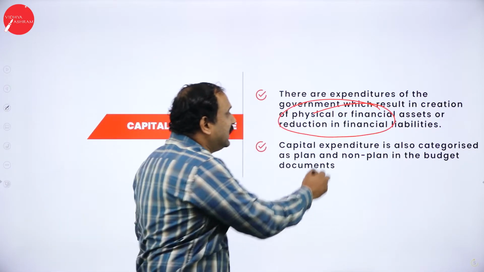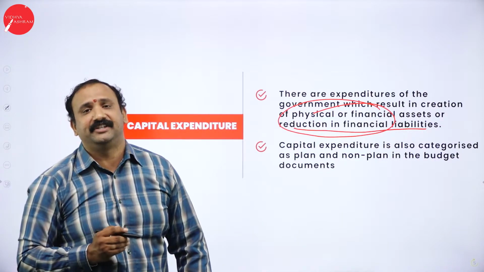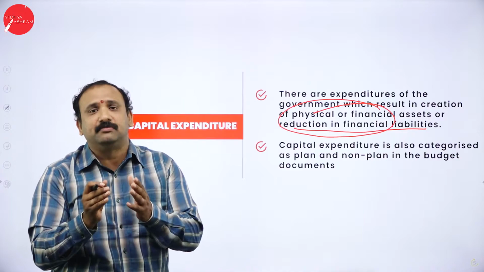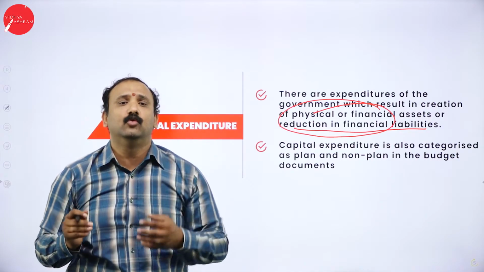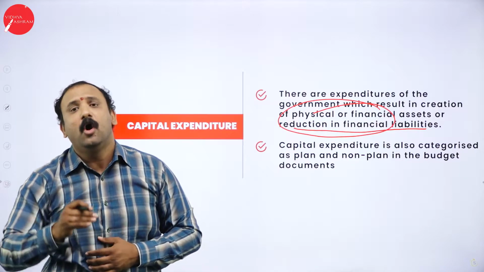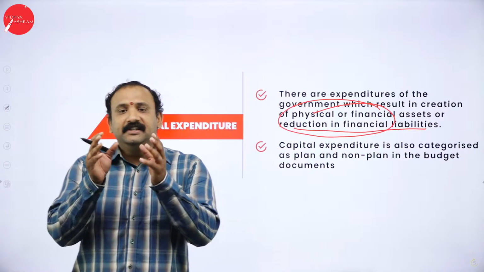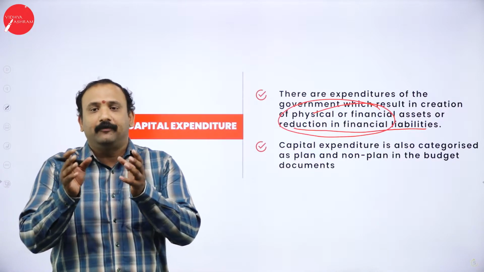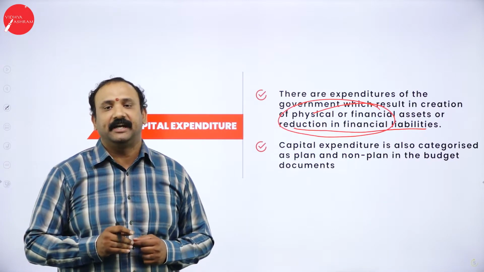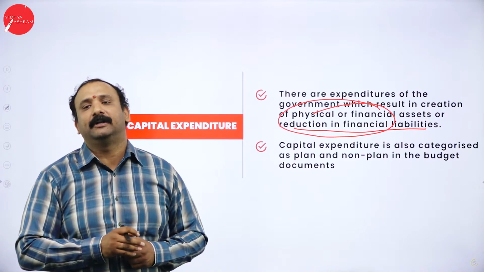So automatically you will also see a word called reduction in financial liabilities. Using this money, you can settle all the external loans, all the external factors that you have borrowed. So in understanding the reduction of those financial liabilities, capital expenditure forms a very important part altogether.